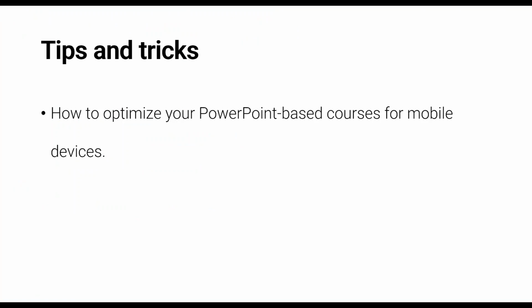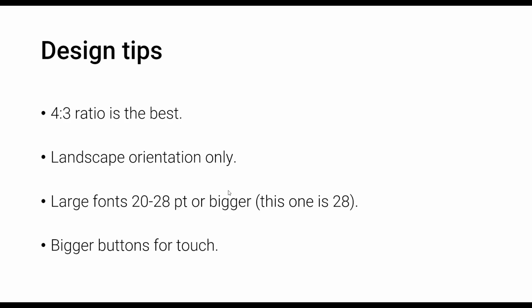Let's move on to the tips and tricks section, and I want to share some expertise that's been acquired over the last couple of years by me, our support team, and our valuable users. How to optimize your PowerPoint course for mobile devices. Here are some design tips.